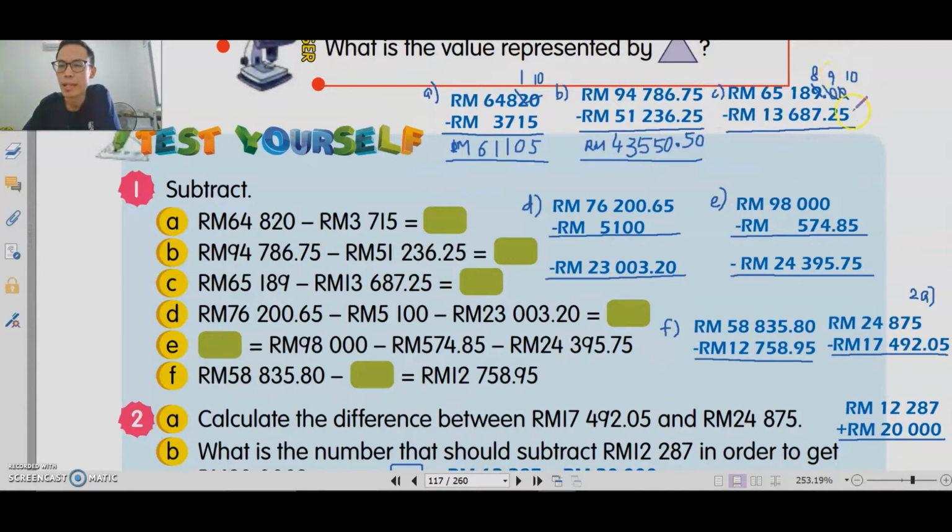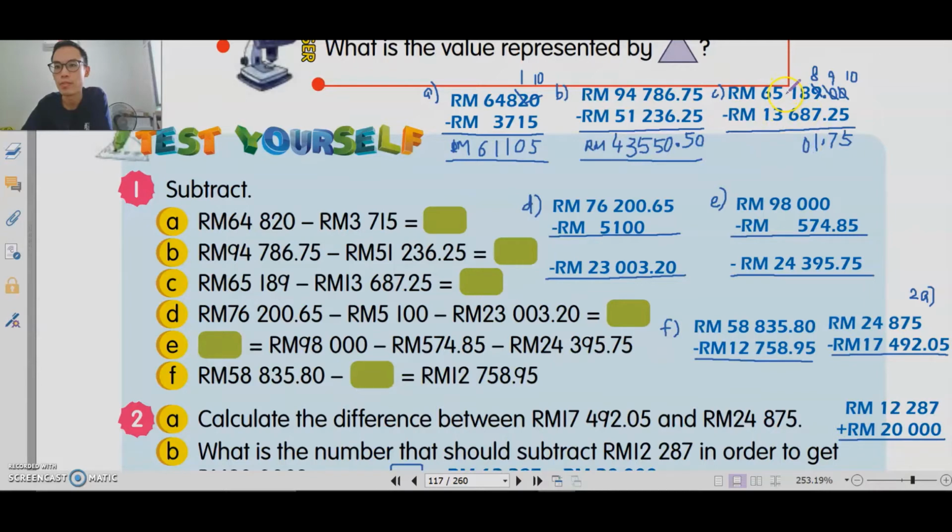Then you minus 10 minus 5, 9 minus 2, decimal point, 8 minus 7, 8 minus 8.